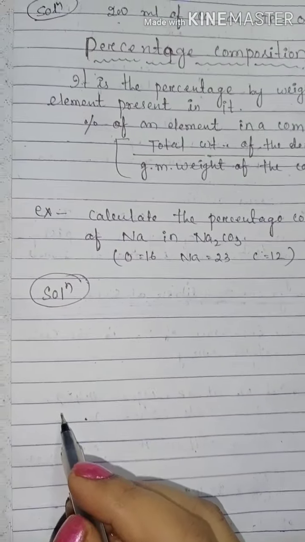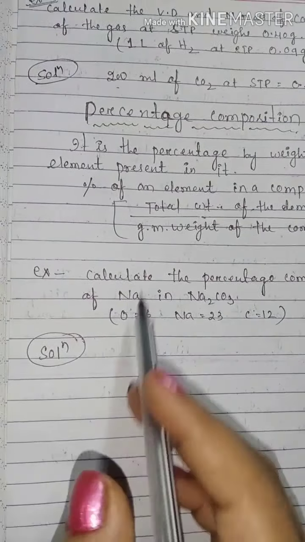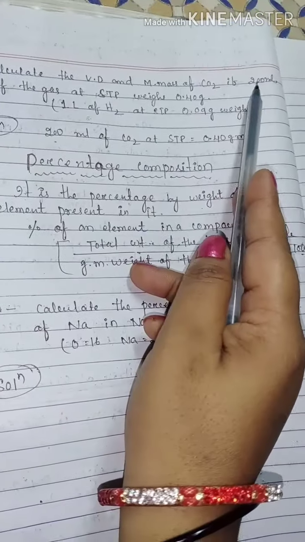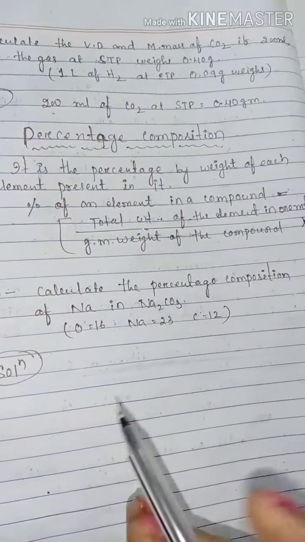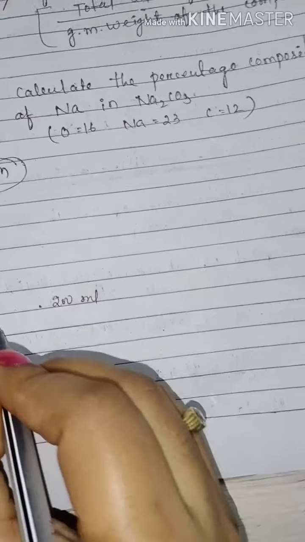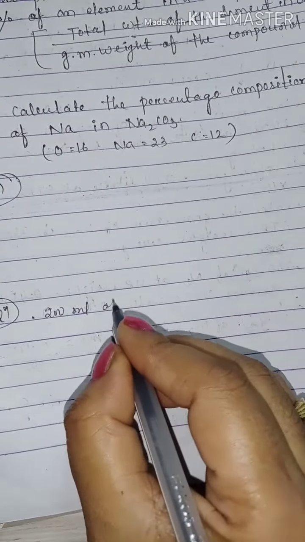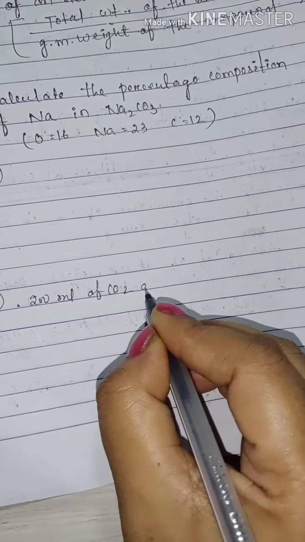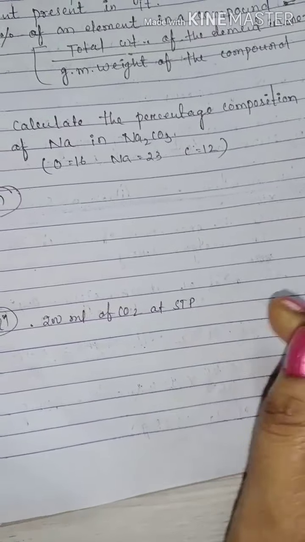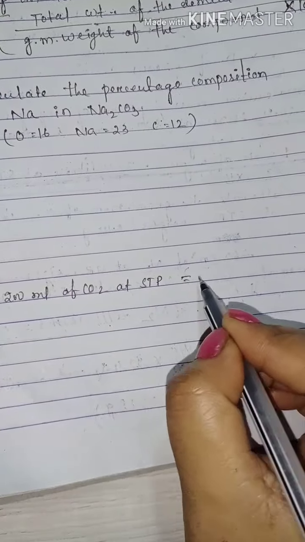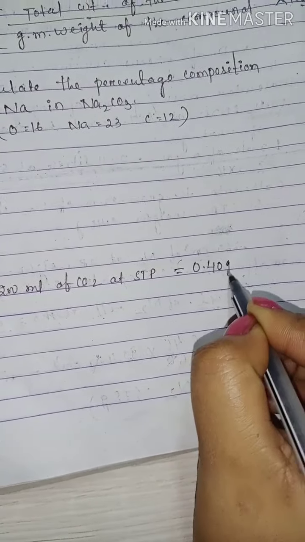First we have to find the vapor density and the molecular mass of carbon dioxide. Here's the solution. 200 ml of CO2 at STP weighs 0.40 gram.